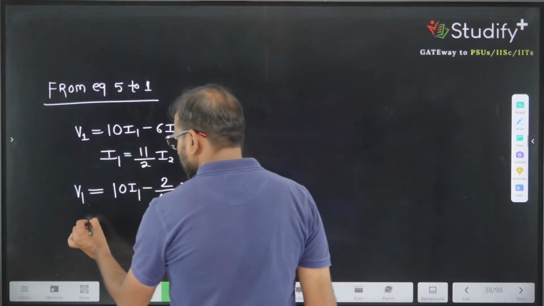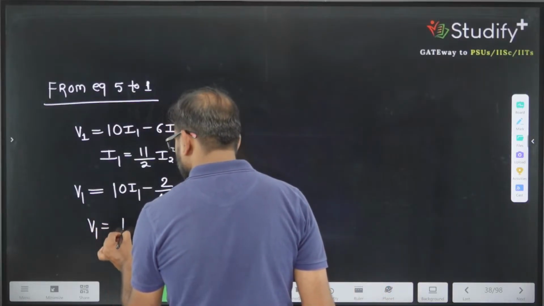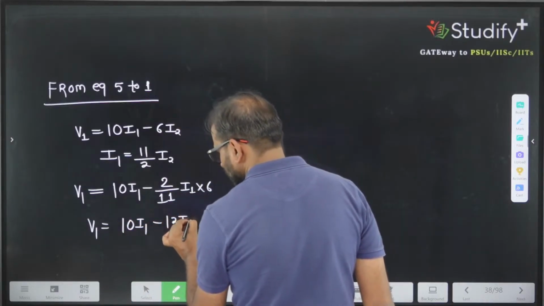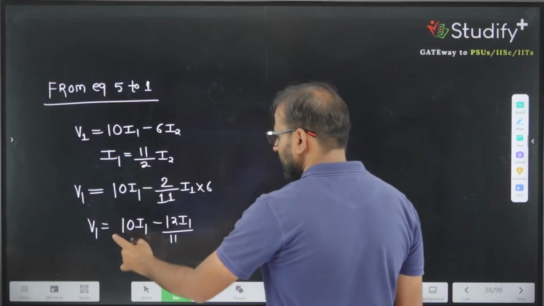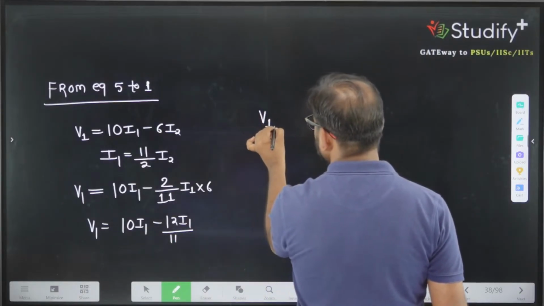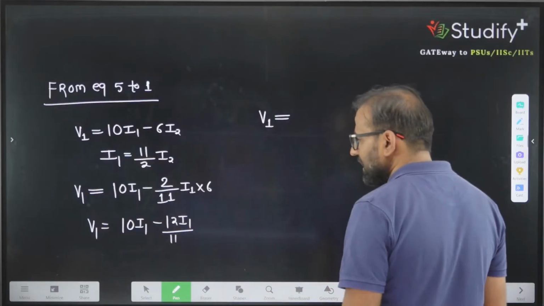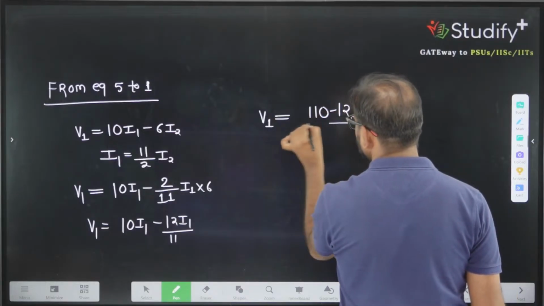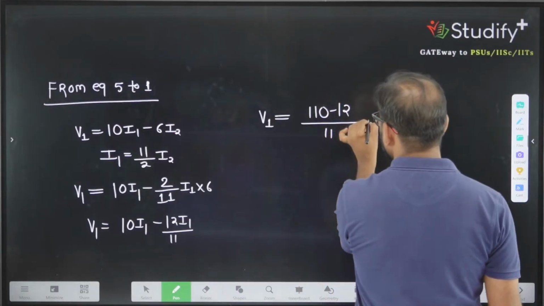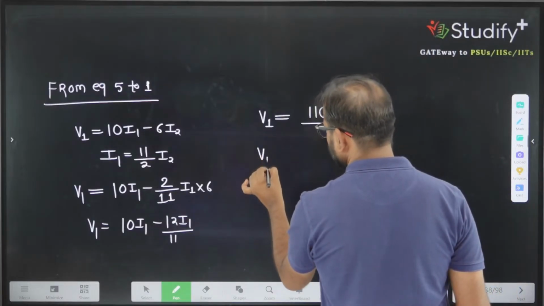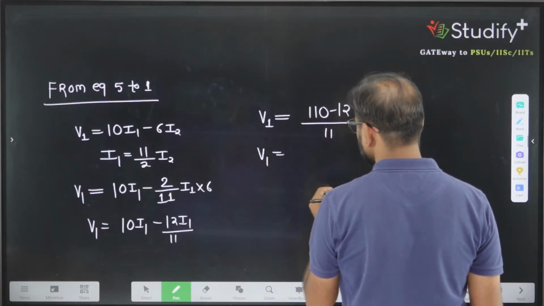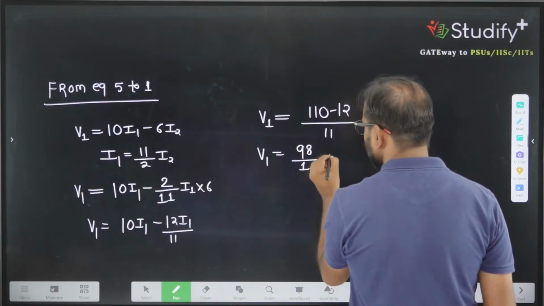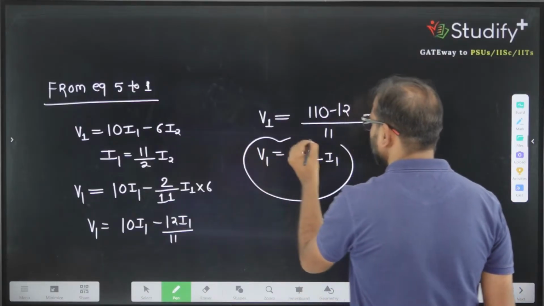So V1 is equivalent to 10 I1 minus 12 I1 divided by 11. When you solve this, V1 is equivalent to 110 minus 12 divided by 11 times I1. So the V1 value is 98 divided by 11 times I1. This value we are having here.